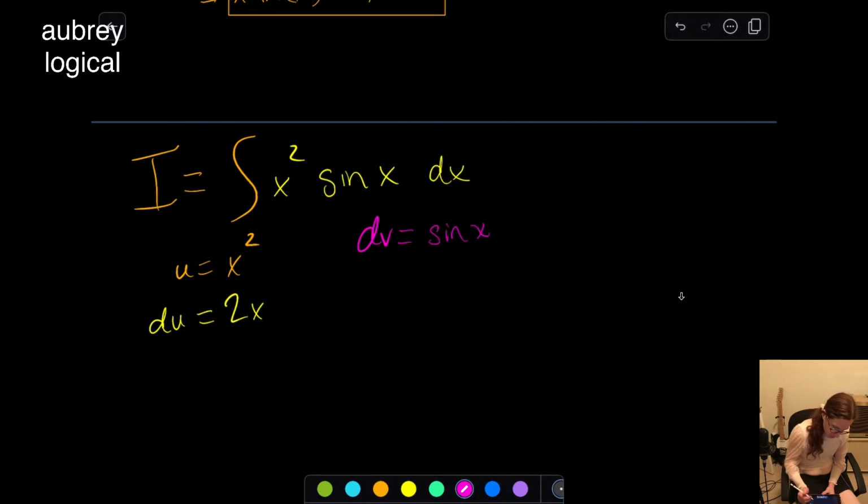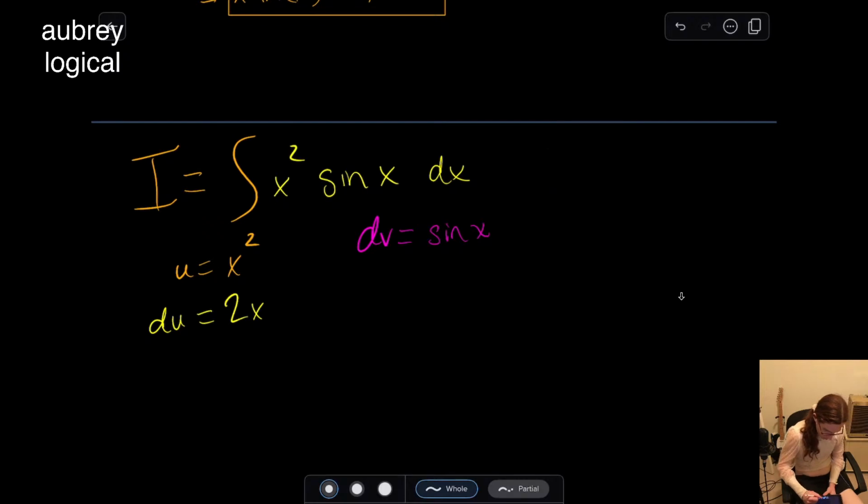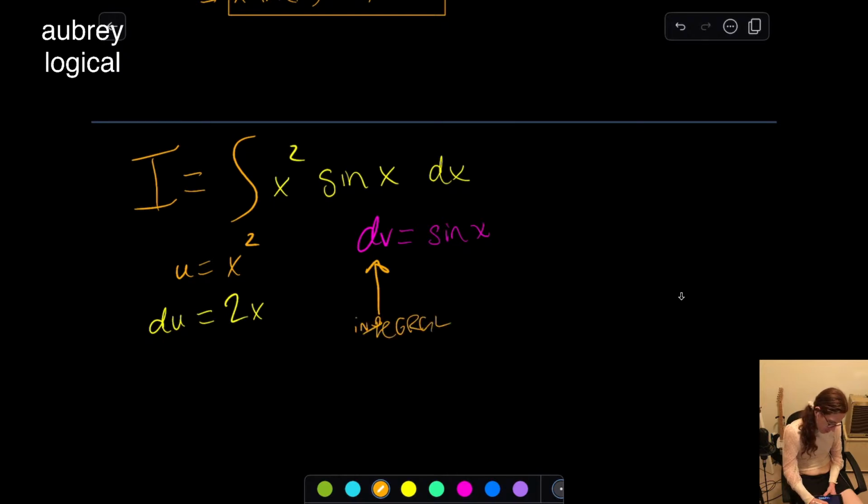So then our second class states that we should use integration by parts if this integral is no more difficult.